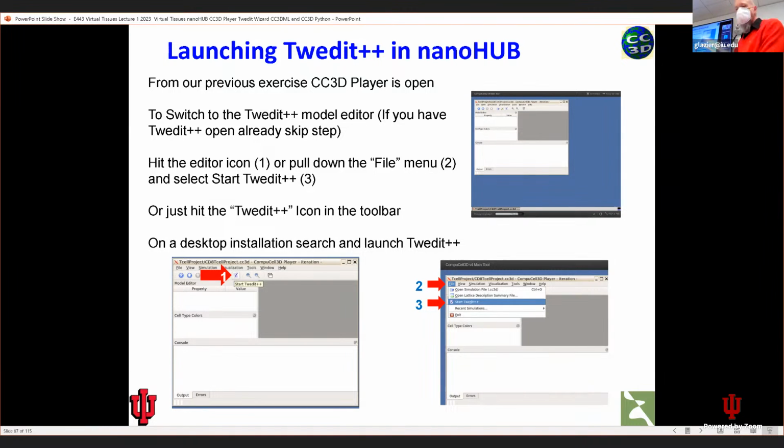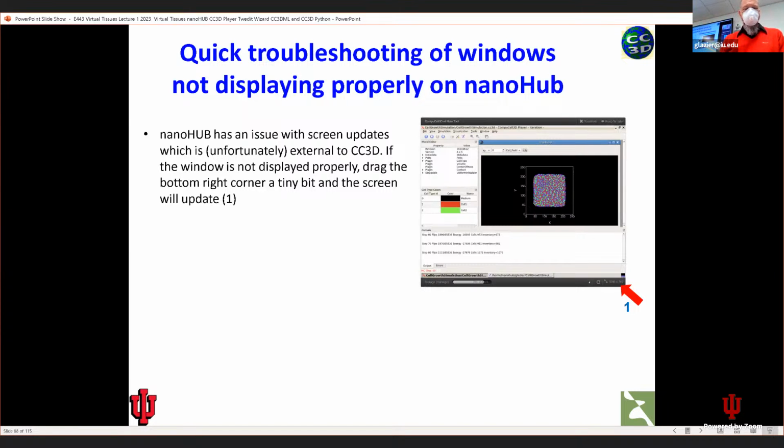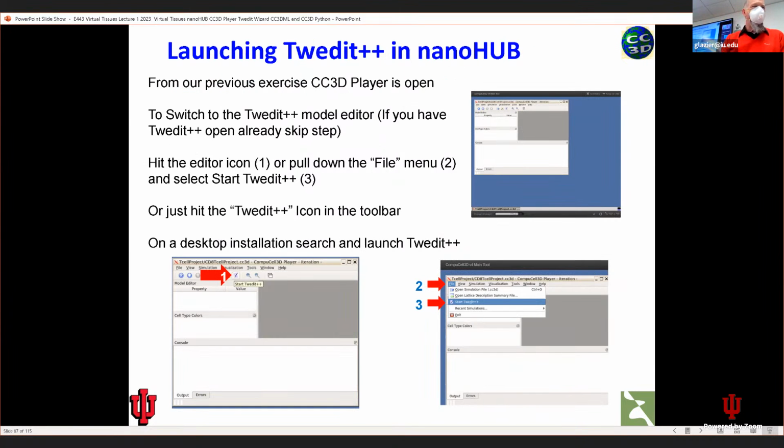Okay, so is everybody able to launch Twit? You click start Twit, and what you should get is a new window that opens. On your desktop, you will have a separate application. On nanoHUB, it will show up as a tab in the X11.